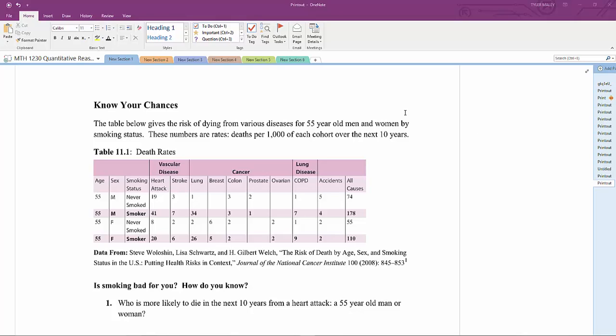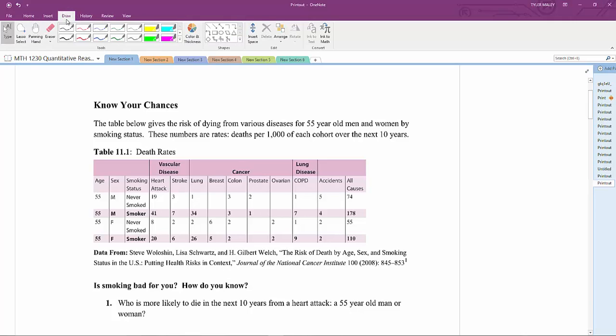Right, so we're given this table of death rates, and this is from a reliable source, right? It's from the Journal of the National Cancer Institute, so listed here, we're told where the data came from. So what we have are some death rates, and these are deaths per 100,000 people for age 55 years old, and we followed them for over the next 10 years.